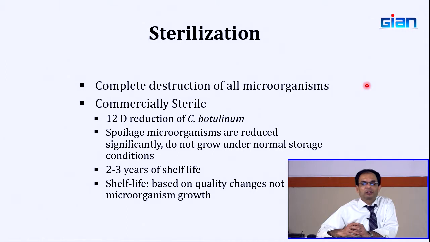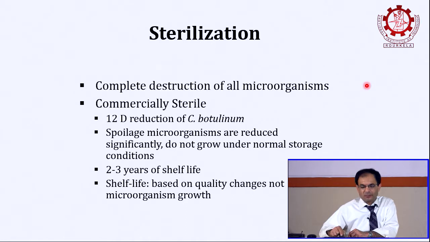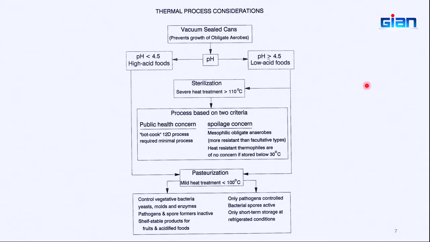Again, spoilage microorganisms are reduced to a significant number that do not grow under normal storage conditions, and you have a shelf life of 2 to 3 years. The shelf life for those products is not based on microbial growth, it's based on quality changes.